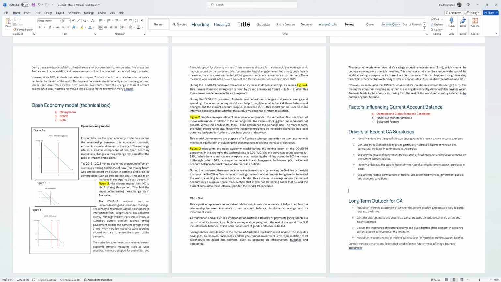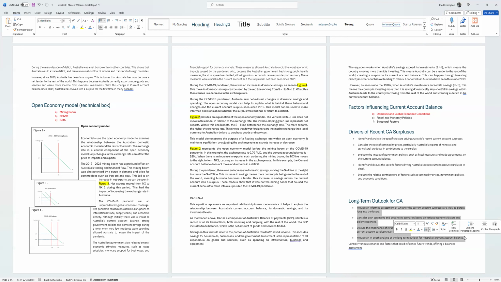But get the reader understanding that the future of Australia's current account balance is determined by the future path of savings and borrowing, S and I. So once again, you're trying to bring in all of these other factors that may affect the current account balance when we're really focusing on it from a savings investment perspective.